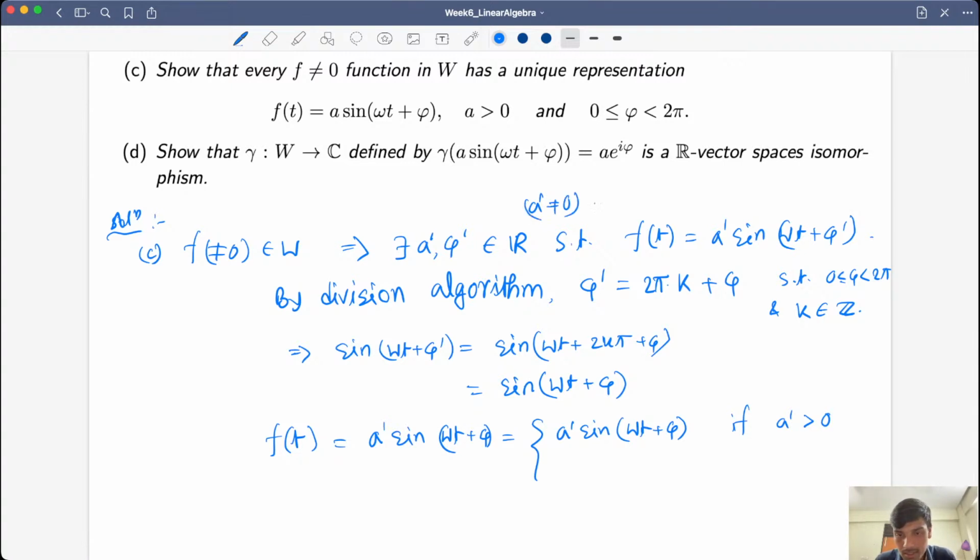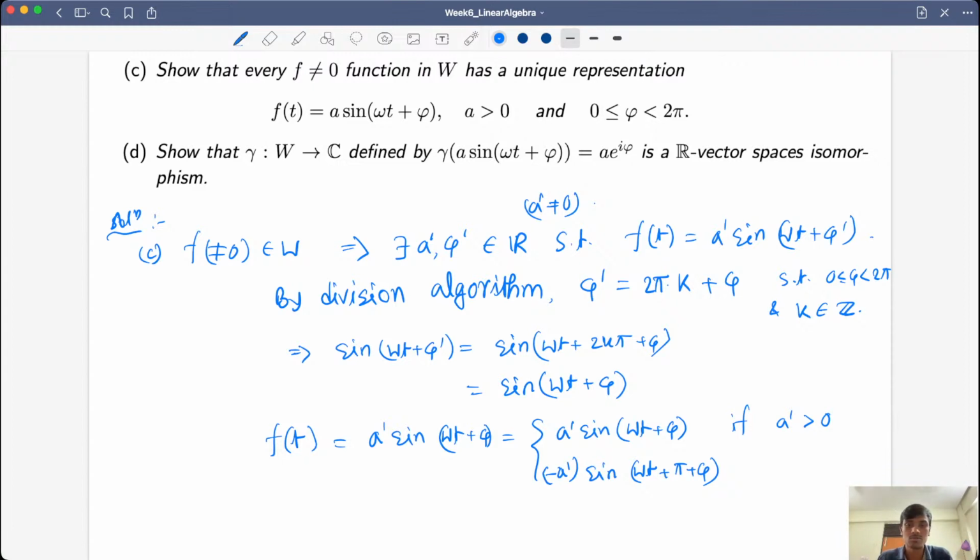And in this case you take minus a prime, then I have to adjust this minus inside the sine, so that I can write sine(omega t plus pi plus phi), right? Because sine(pi plus theta) is minus sine theta.